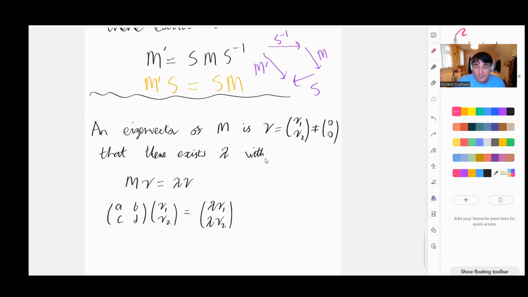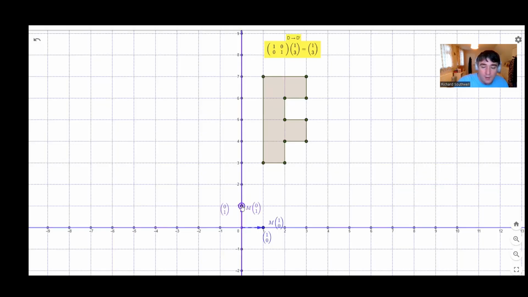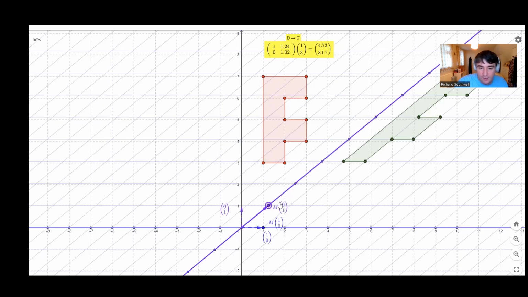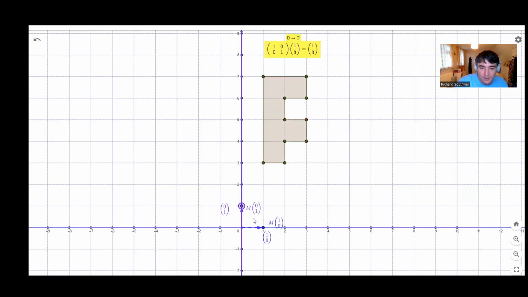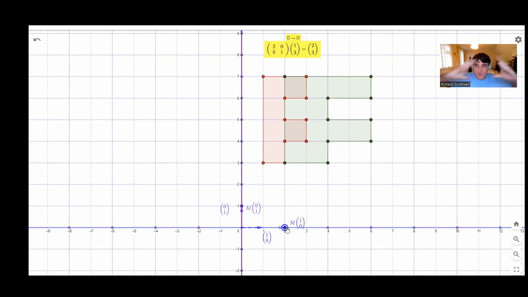So what's the idea of these eigenvectors, geometrically? Let's look at this particular case. What this is doing is just stretching everything along the x-axis. If we have a vector pointing to the right, then when we apply this matrix, that vector is not going to change direction. It's just going to get stretched.